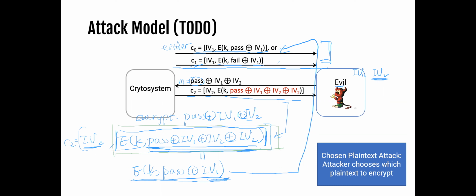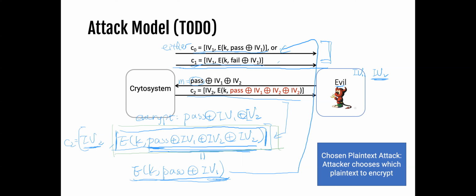Because they still don't know what that message is, right? But they're just putting in C0, then C0 XORed with IV2, and then the encryption algorithm XORs IV2 onto that again, which gets rid of the previous IV2. Is that what I'm understanding? And then they'll be able to know whether they're getting the word pass or not?